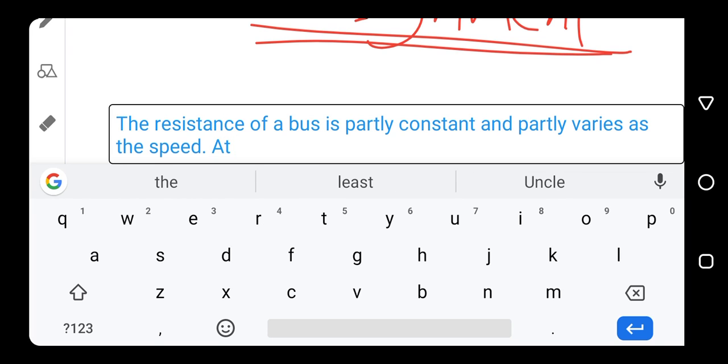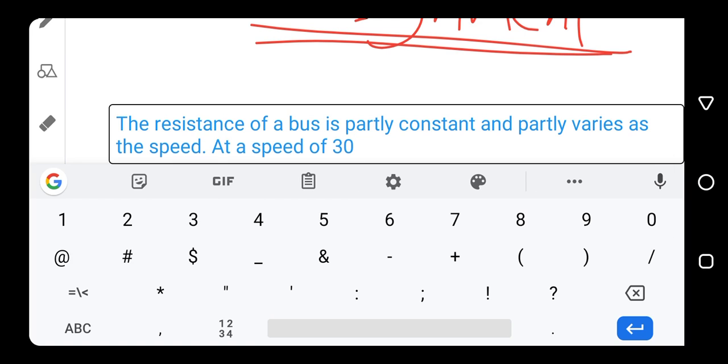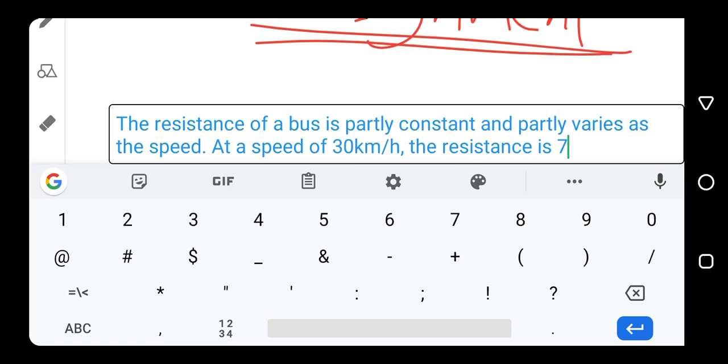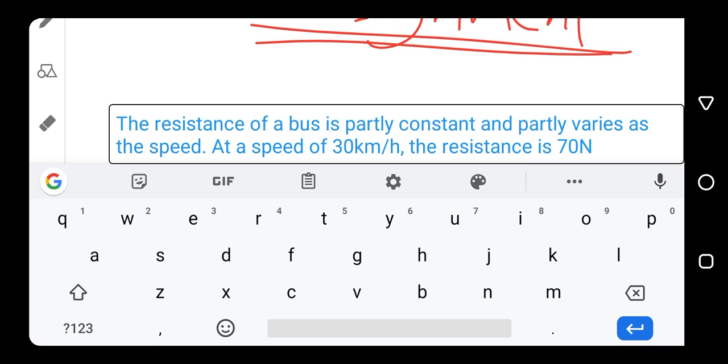At a speed of 30 kilometer per hour, the resistance is 70 Newton.